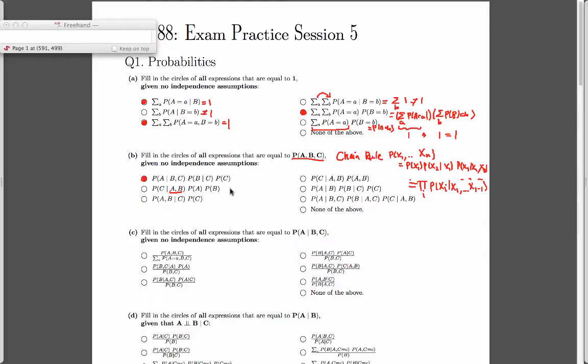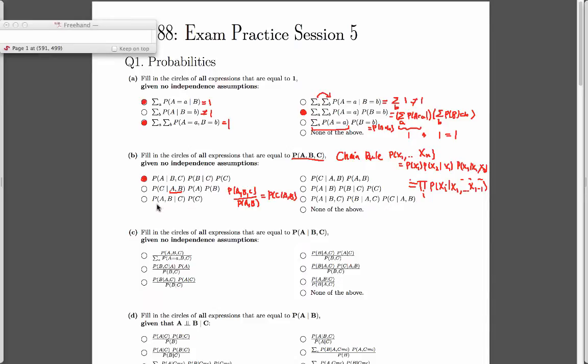And that's just given the definition of conditional probability, that the probability of a, b, c over the probability of a and b is equal to the probability of c given a, b. And then if we bring this to the other side, the probability of a, b, and c is equal to the probability of c given a and b times the probability of a and b. However, that's not what we have here, so this is incorrect.